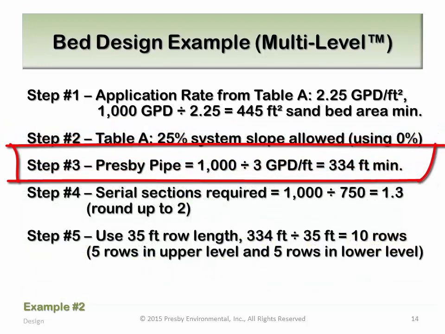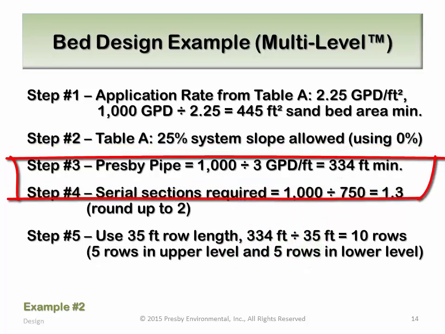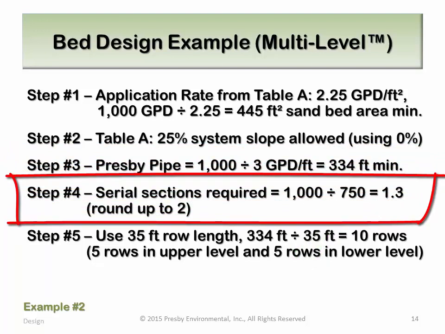Step 3 calculates the required amount of Presby pipe by dividing our 1,000 gallons of daily flow by 3, which provides a minimum of 334 feet needed for this treatment field. Step 4 calculates the number of serial sections required.